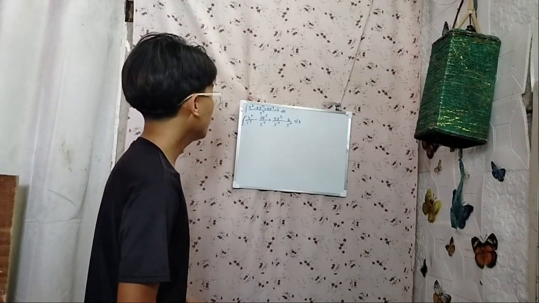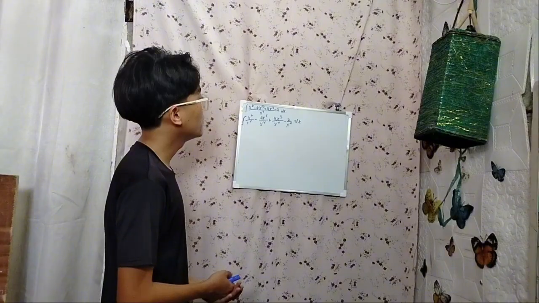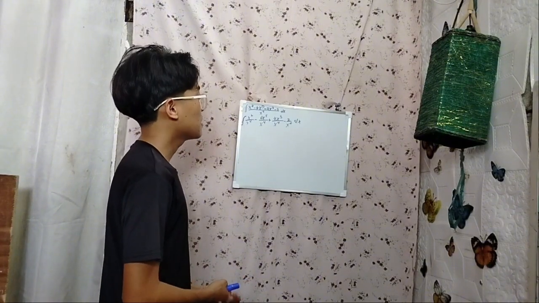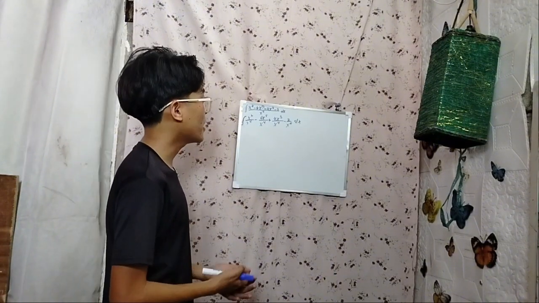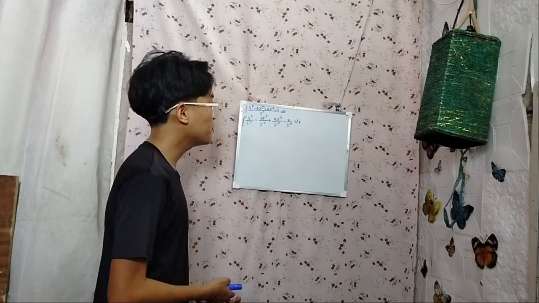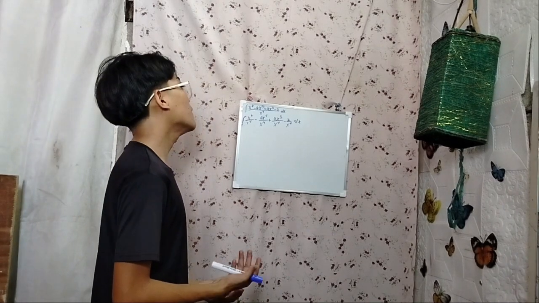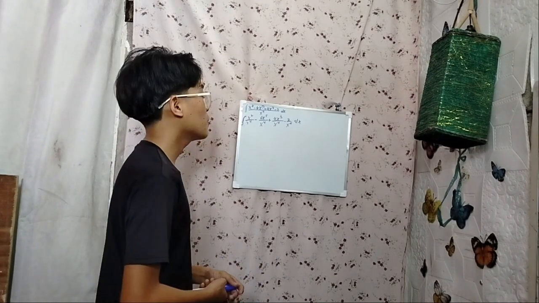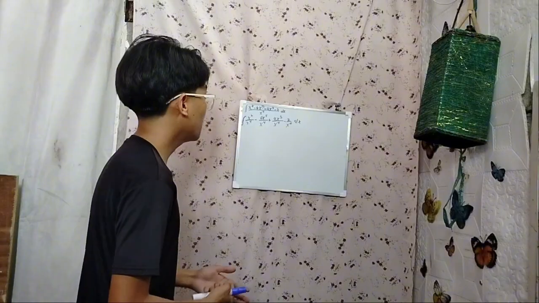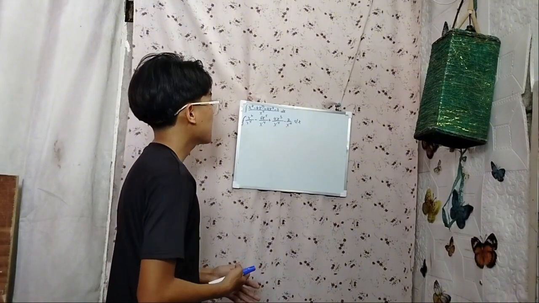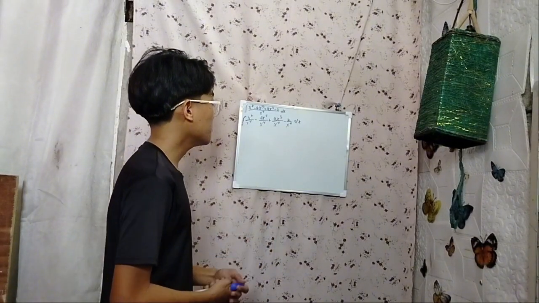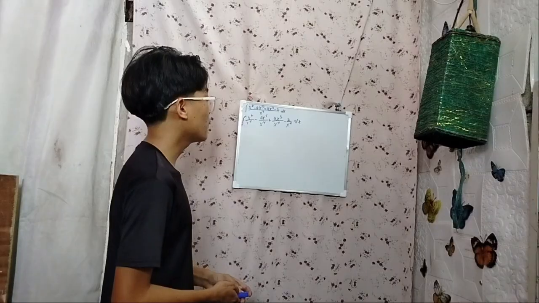So another problem is the integral of x raised to 8 minus 6x raised to 5 plus 4x cubed minus 2, all over x raised to 4, with respect to x. So first, let's divide each term by x raised to 4.